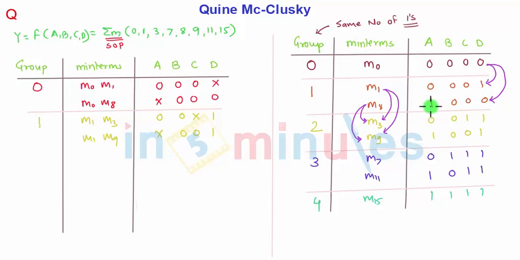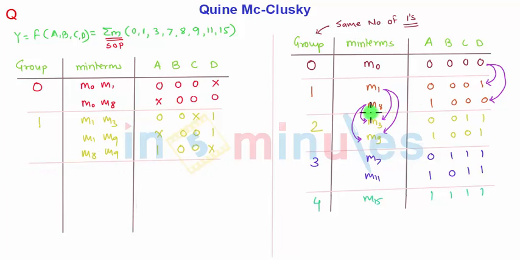So I cannot take the M8 M3 combination. I will take the next combination, M8 with M9, and what I have here is 1 0 0 and only the D bit is variable, so I will take a don't care there. So this is all about my second group.